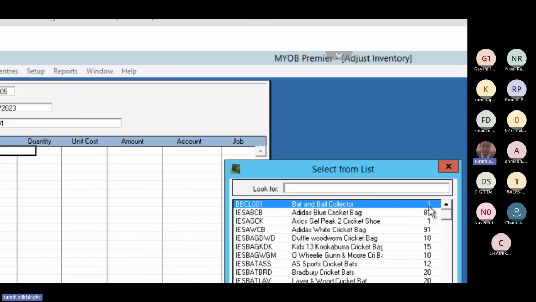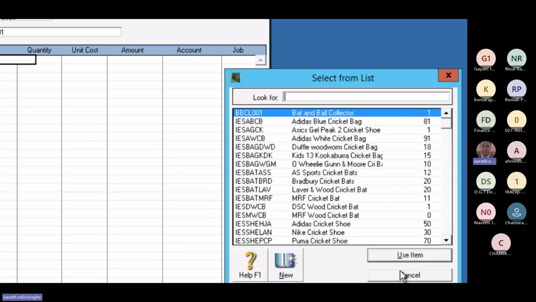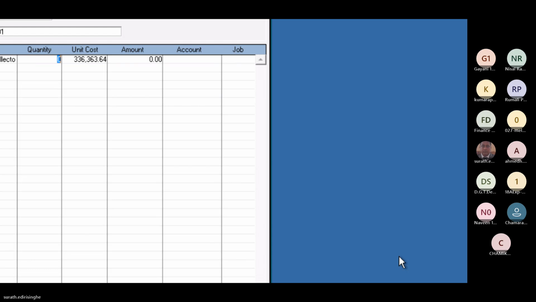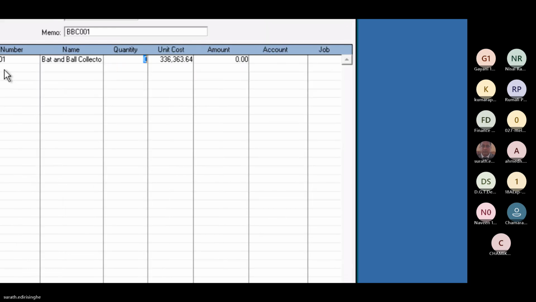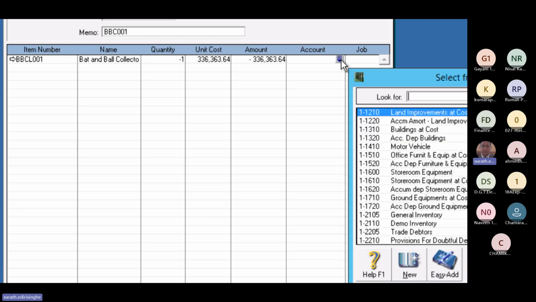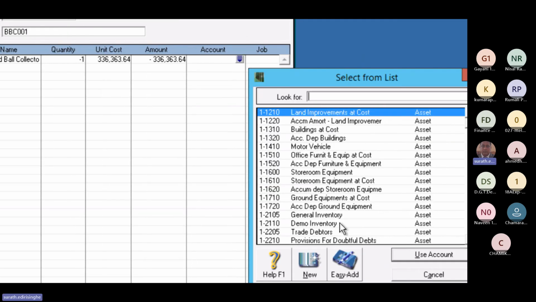Now we have one item. Bat and ball collector. Then minus 1. Then automatically the system calculates the total amount with minus. Then capitalize to the ground equipment at cost.